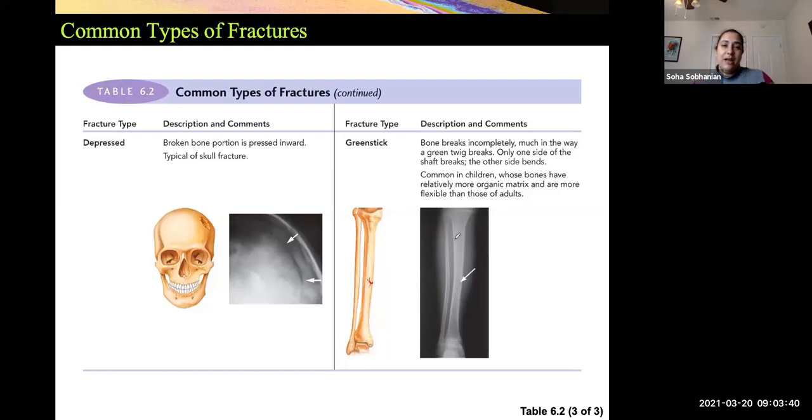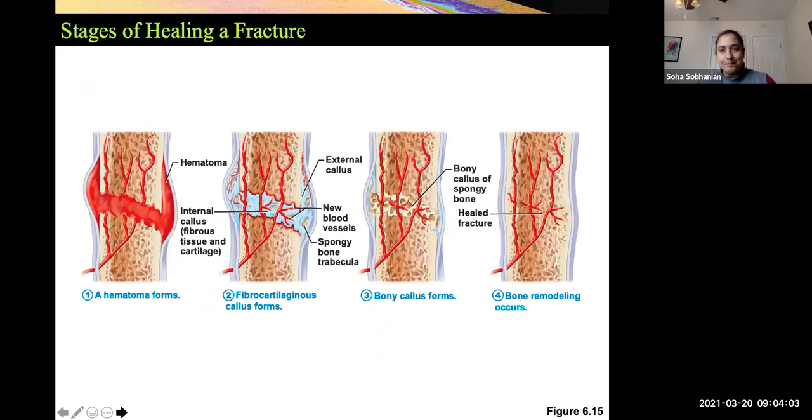As I mentioned earlier, because the bone is not fully formed at that point, you basically won't break it completely because the bone is a little bit softer than an adult bone. So you might see little tiny lines of fractures, but the bone as a whole does not break. So again, that's common in children.